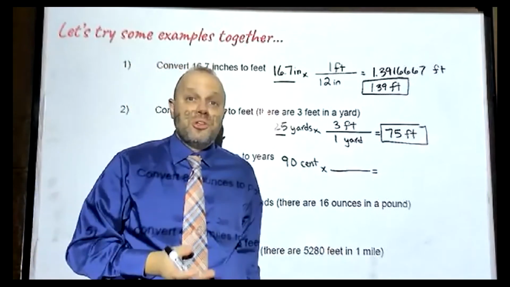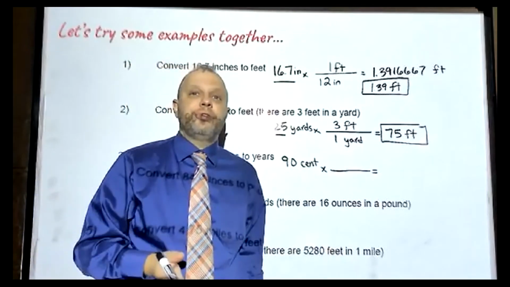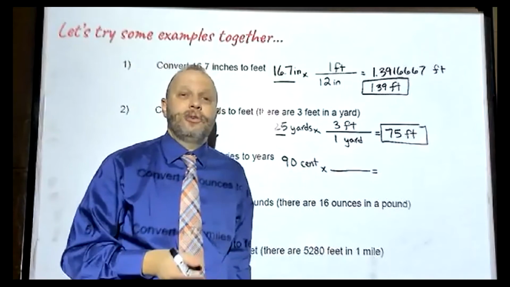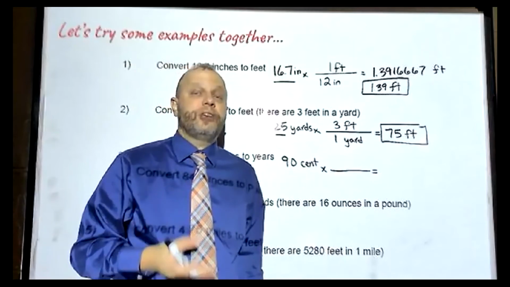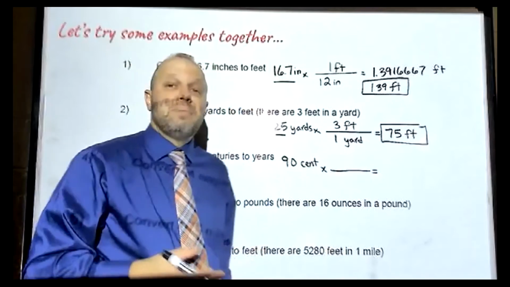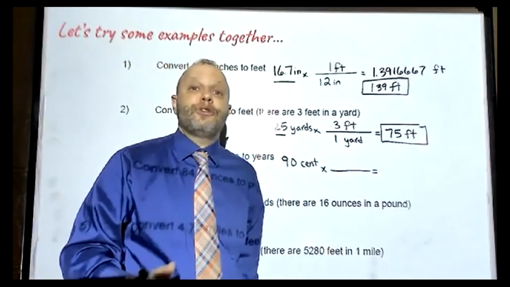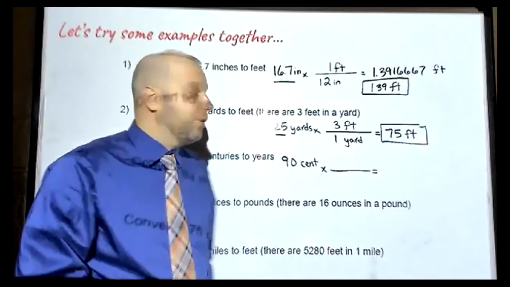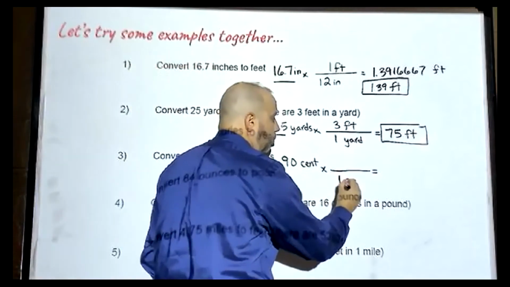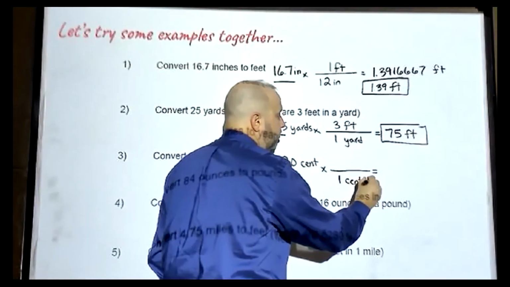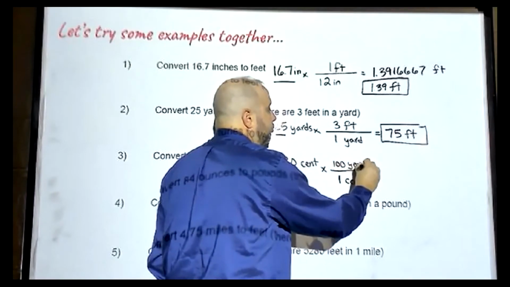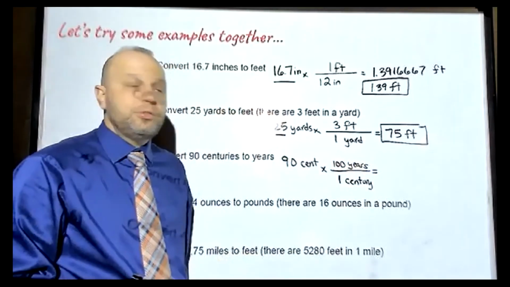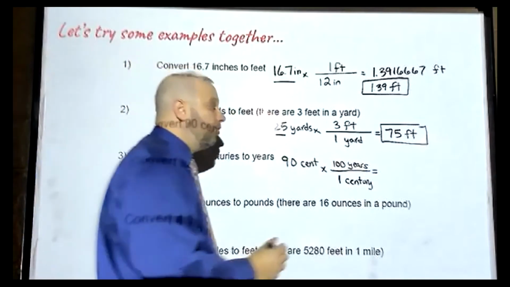There are 100 years in a century. I had a few students that mentioned 10, so 10 is actually called a decade. So there are 100 years in a century. Because I want the term century to cross out, I'm going to put that on the bottom. 1 century is equal to 100 years. 90 times 100.